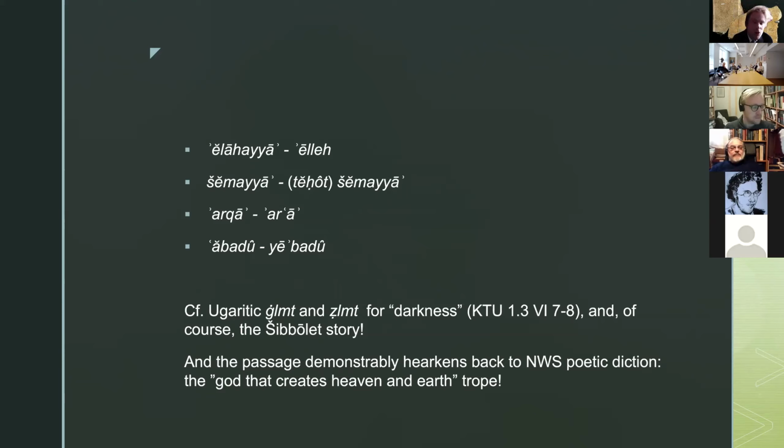So what the author here appears to have done is to use consciously in the two parallel lines words that sound similar but mean different things, or if they mean the same thing, he or she has varied the sound. And how has he or she done this? By using the two different reflexes of the lateral fricative, the kof in arqa and the ayin in ar'a.